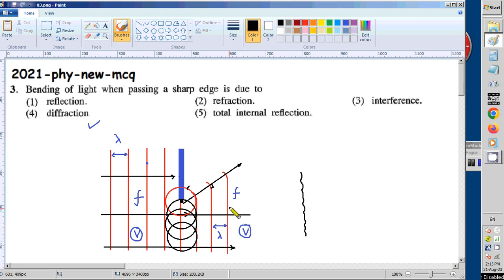If the number of circular wavefronts is infinite, so that we can't see the ripples, it is exactly a straight line. Like that he has explained how from one wavefront the other wavefront is generated. Using that principle we can explain why this bend is there. That is not in your syllabus, so I don't go into it much.